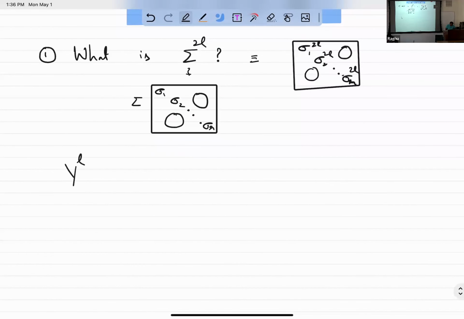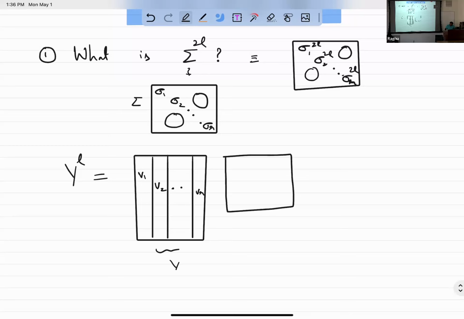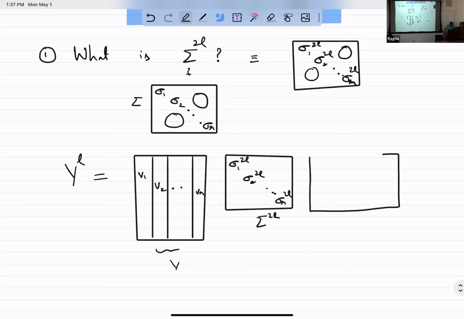I can write Y to the L as V, with columns V1, V2, up to Vr, then the diagonal matrix with sigma 1 to the 2L, sigma 2 to the 2L, sigma r to the 2L, which is sigma to the 2L, and then V transpose.